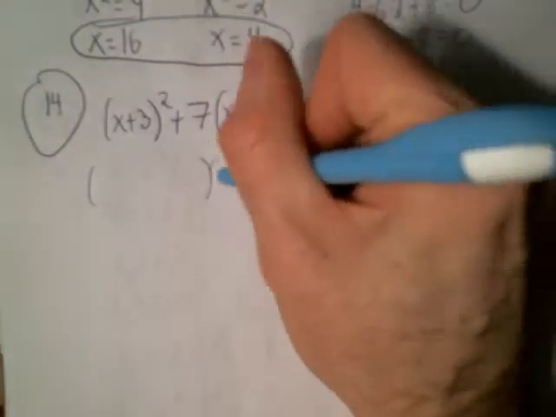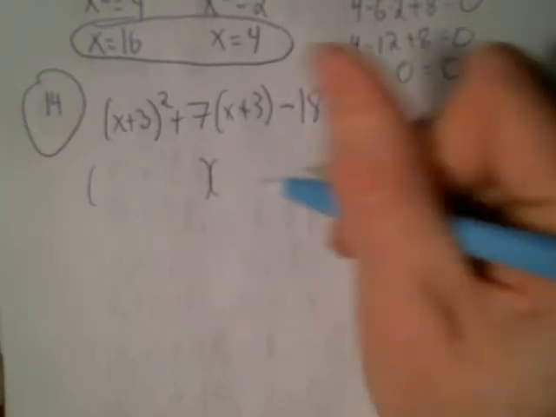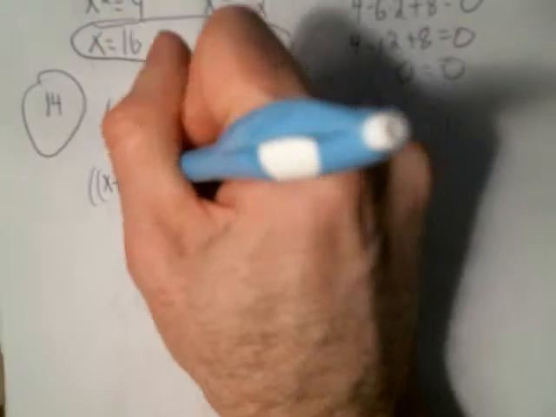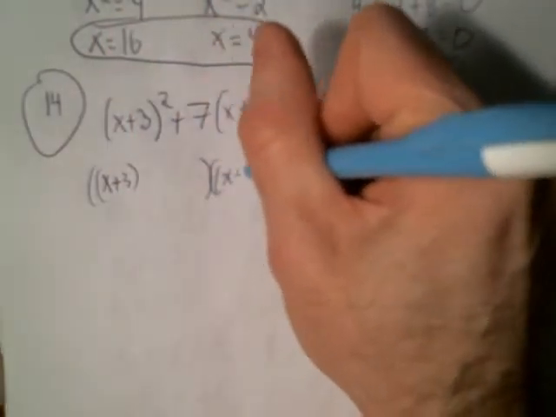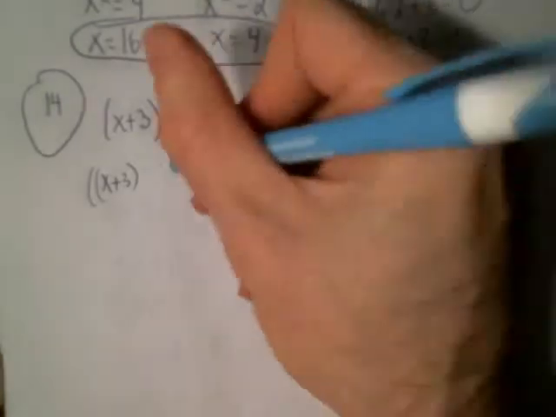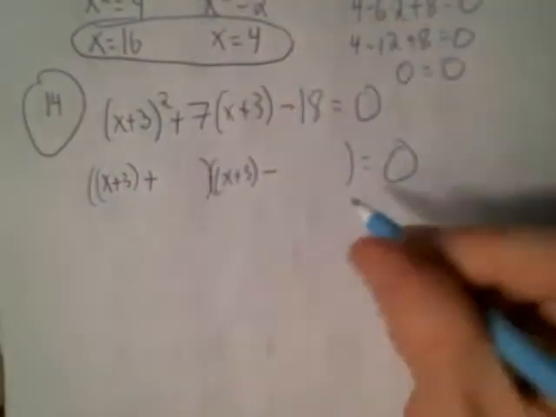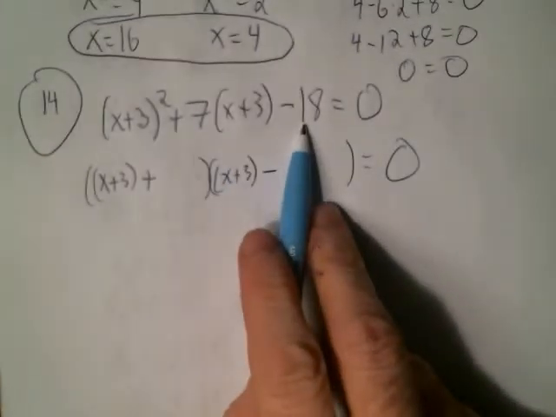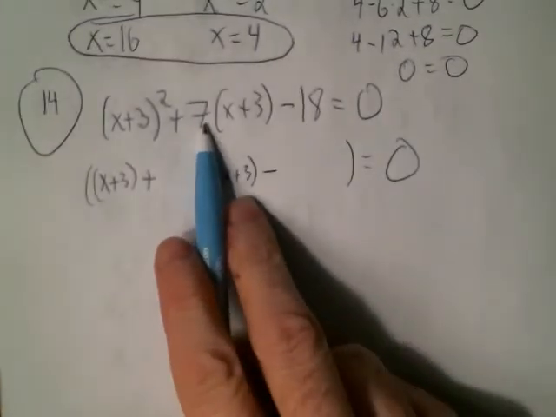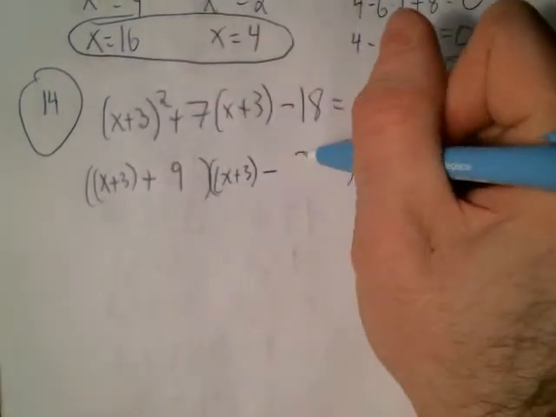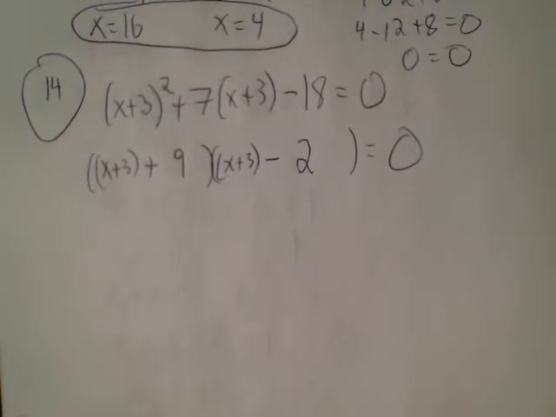So when I go to factor it, I'll have an x plus 3 here in the first place. And then the signs have to be plus minus. It looks a bit funny, but you know, I need two numbers that multiply to be 18, but then subtract to be 7. So we're thinking 9 and 2, and the 9 has to be positive. The bigger number has to be positive.